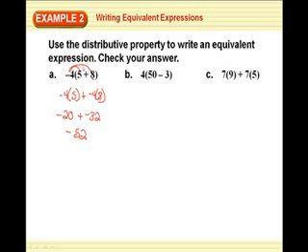That would have been 13 times 4, 2 carry the 1, would be negative 52. So this one, 4 times 50 is 200 minus 4 times 3, which is 12. And that answer comes out to be 188. 7 times 9 is 63 plus 35, 98.